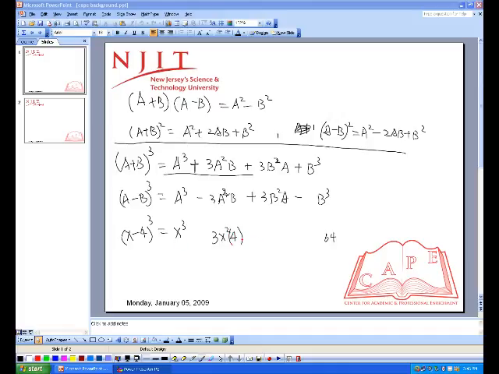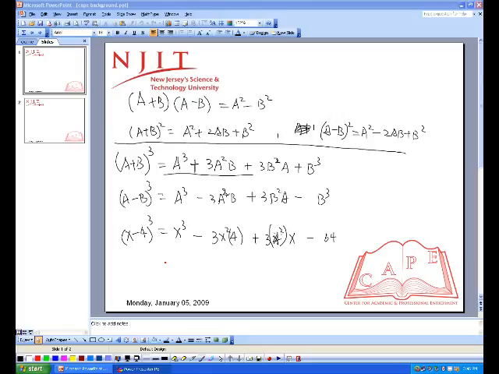And also the third term would be 3 times the first term times the second term squared, so b squared is 4 squared, times x, where a is the first term. Since the sign is negative here, we have alternating signs. The first term is positive, the second term is negative, the third term is positive, the fourth term is negative.